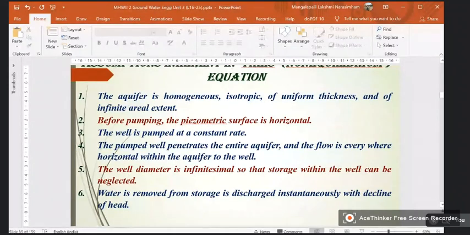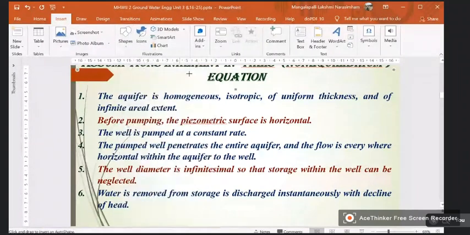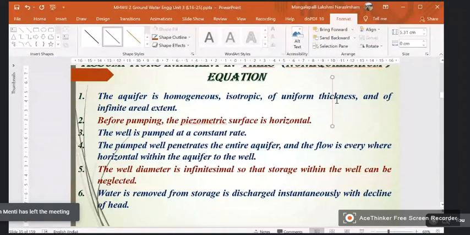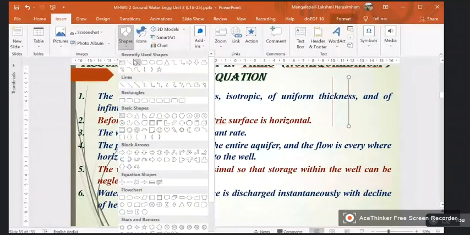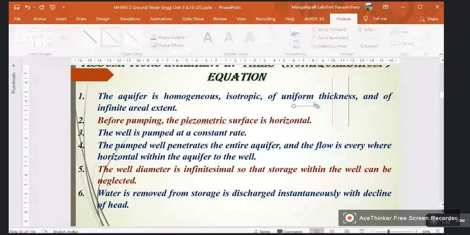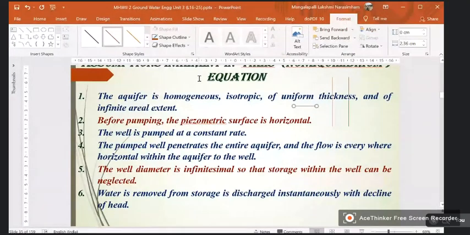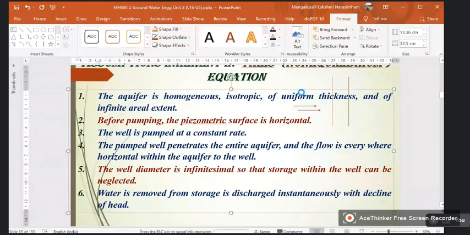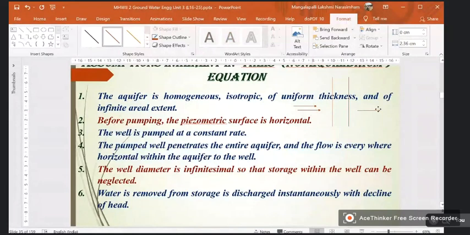When you consider a well like this, at any vertical distance, always the flow is horizontal.